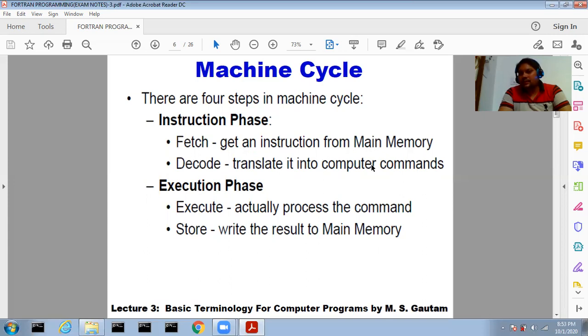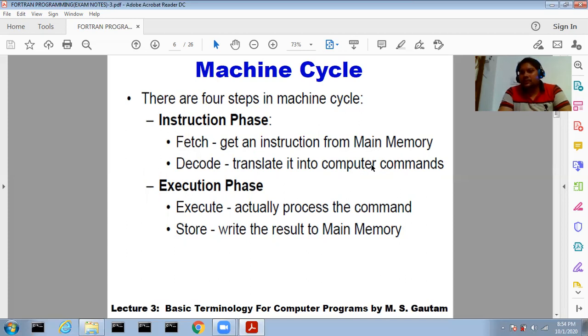After getting the instruction, the computer decodes the whole information into machine language. After decoding, it follows the commands given by its user, and then the operation enters the second phase, that is the execution phase.